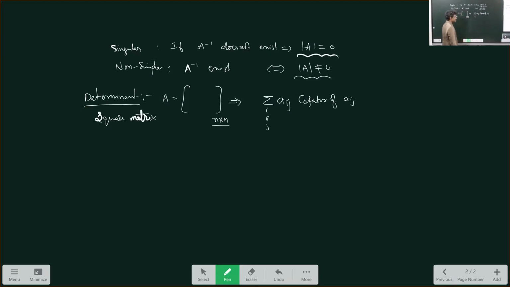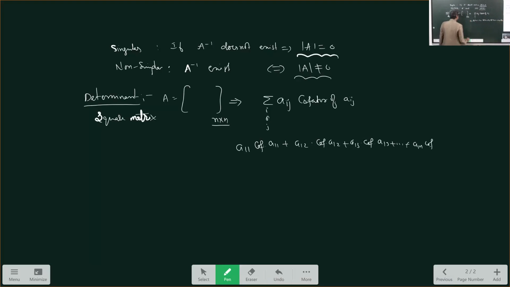You are fixing one of them, so you have to expand either by i or by j. For example, by the first row I write A11 times the cofactor of A11 plus A12 times the cofactor of A12 plus A13 times the cofactor of A13, and so on and so forth, up to A1n times the cofactor of A1n.